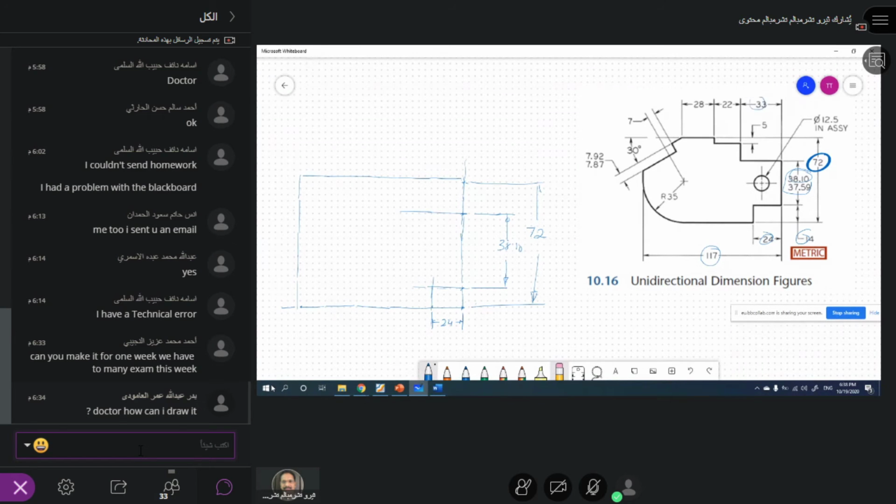So from here I measured 33, I draw another line. And then from 33 I measure 5 millimeters. So from here I measured 5 millimeters and then I draw another line. And from there it is 22, so I mark 22, I draw another line.